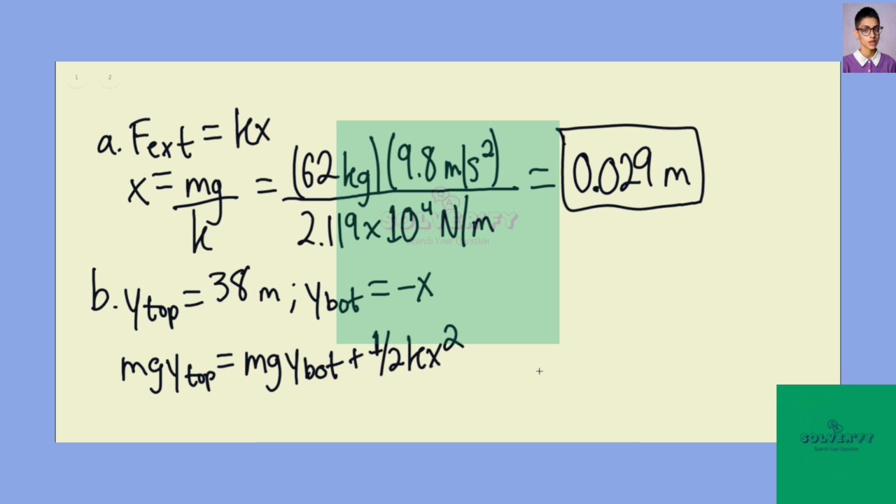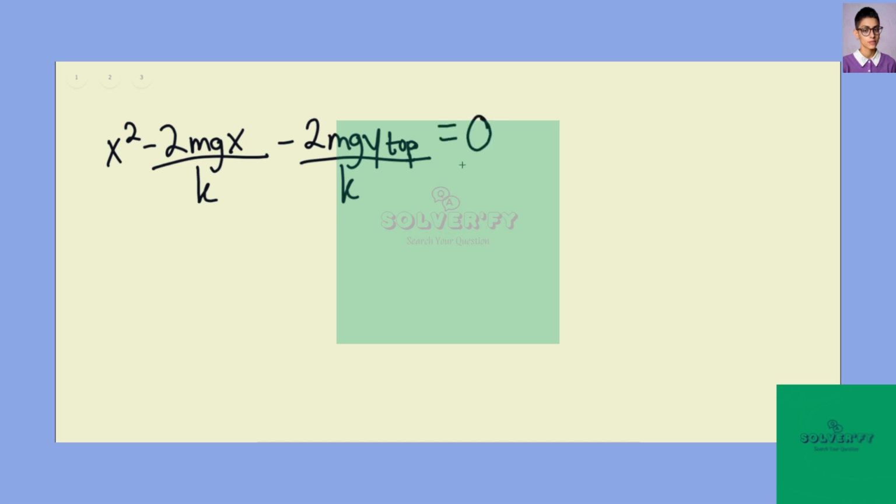So we can say that x squared minus 2mgx over k minus 2mgy top over k is essentially going to be equal to 0.